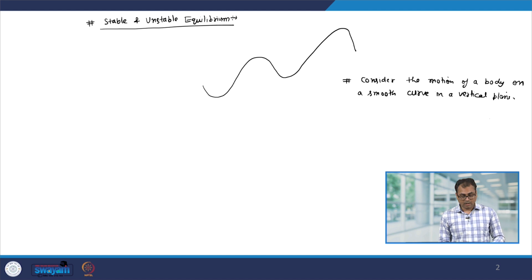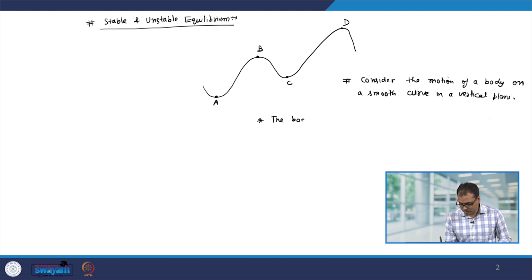Okay. Now, if the body is there on this vertical plane, then the body can be in equilibrium at this point, this point, this point or this point. Okay. So, let me write it down.